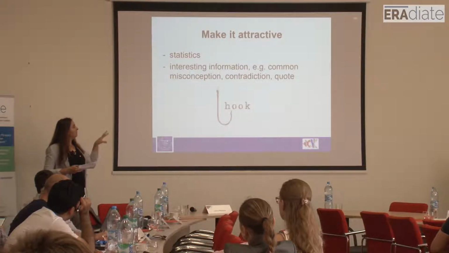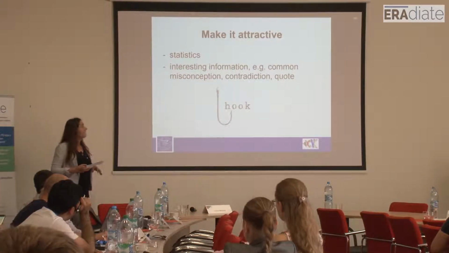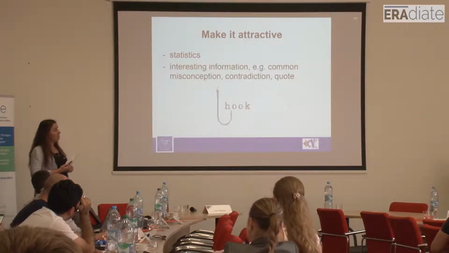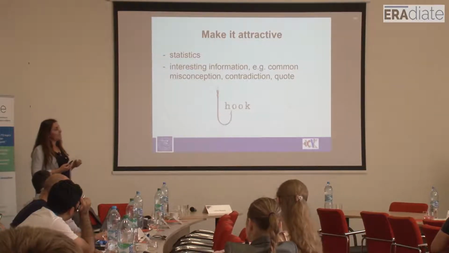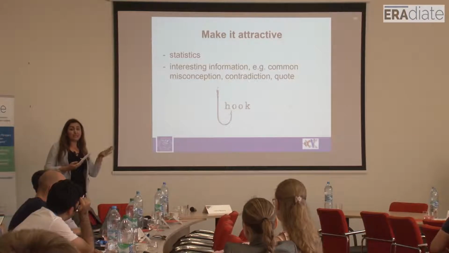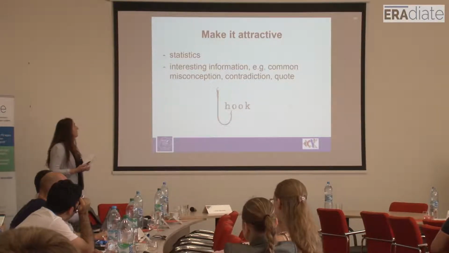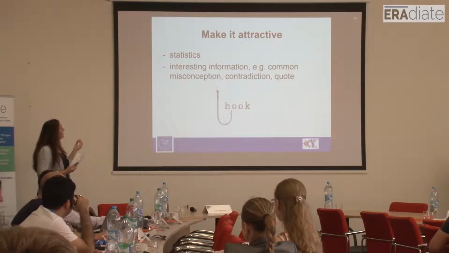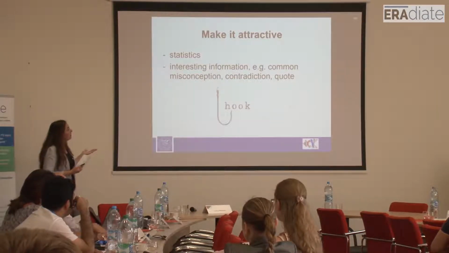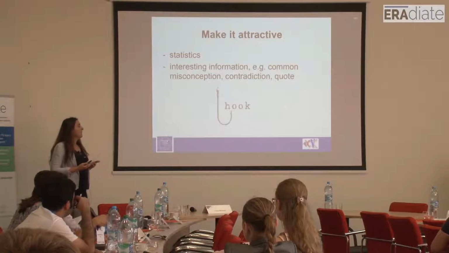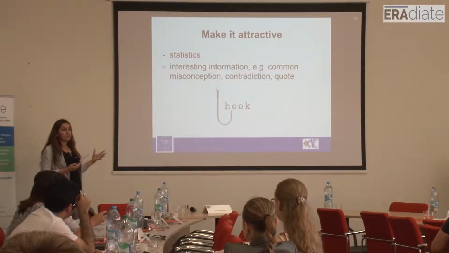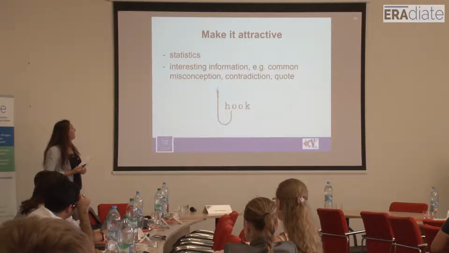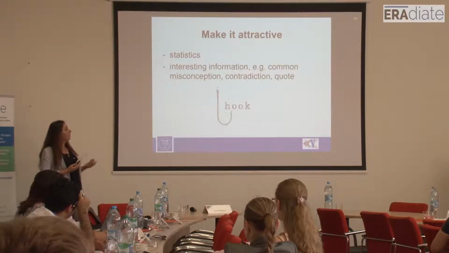Okay, we are still in the introduction part, so you can make it attractive. Here we are sometimes a bit limited by the nature of academic writing, of course, but we can use interesting statistics, interesting information. For example, you would describe a common misconception about a certain fact or problem, a contradiction, a quote.